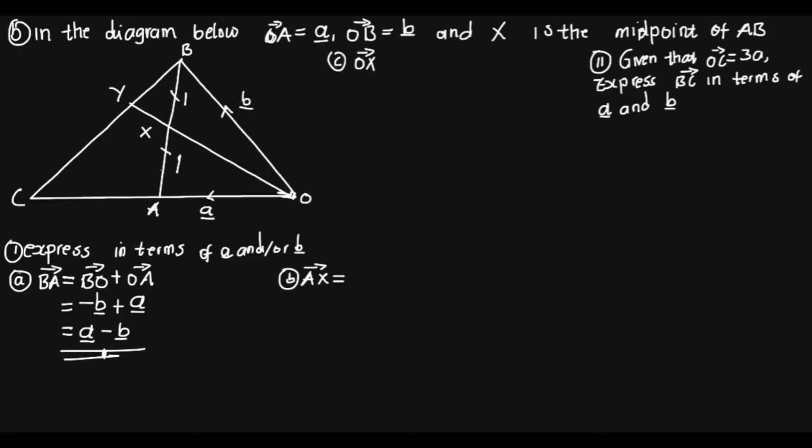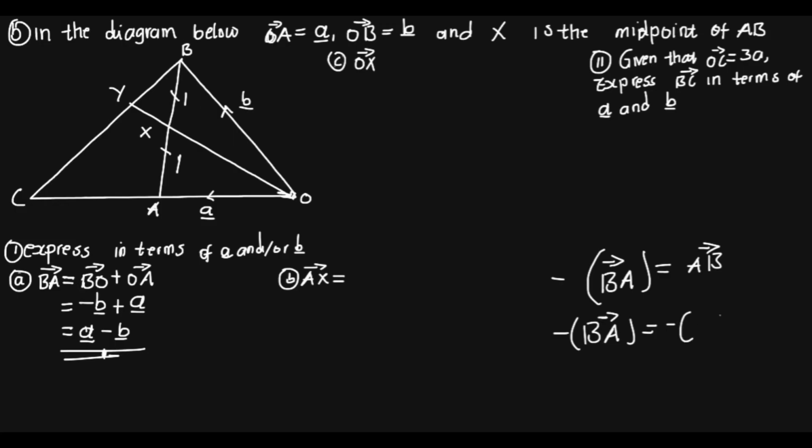Now, we want vector AB. But as we can see, we have this vector BA. So if we have vector BA, if we multiply it by negative, we are going to get vector AB. So it changes the direction. So what this means is the vector for BA will be multiplied by negative.